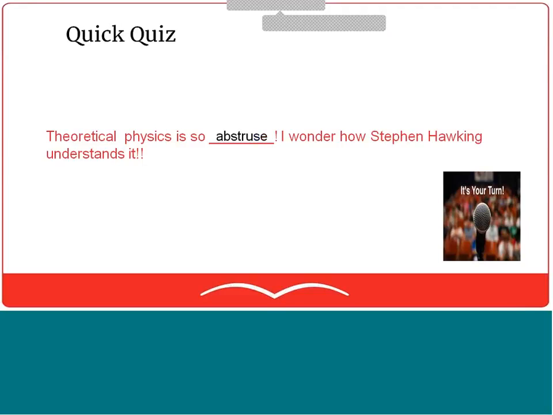The answer that I was looking for is abstruse. You could say theoretical physics is arduous, but that means that it is hard to do. Abstruse means hard to understand. Abstruse would be more appropriate here. Enigmatic we would use more for people.